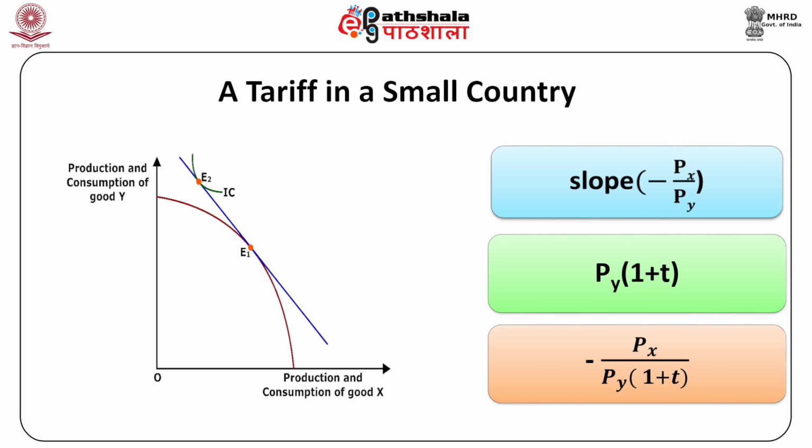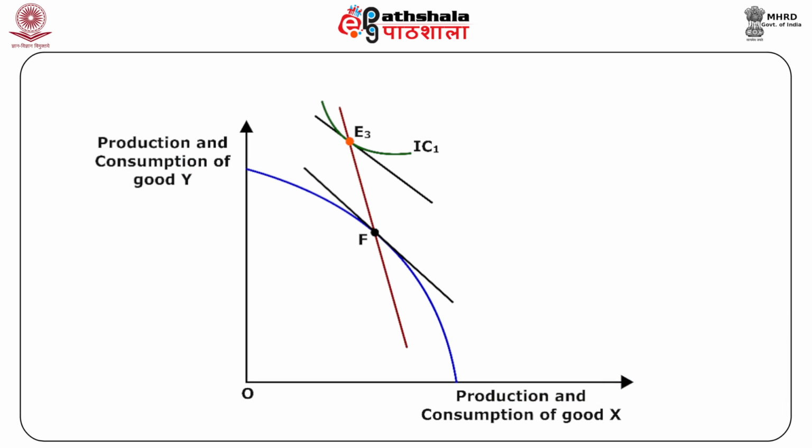As a result of the fall in the relative price of good X, the country produces less of X while producing more of Y. In figure 7, this shift in production is shown by the movement of the production point from E1 in figure 6 to F in figure 7. To conclude, the country produces less of its export goods and more of its imported goods.